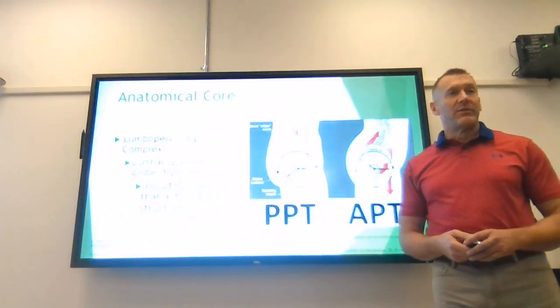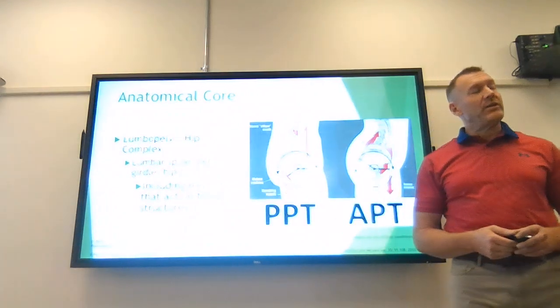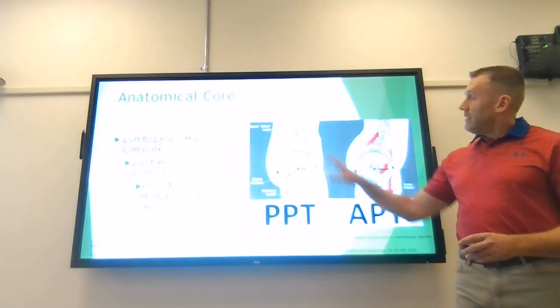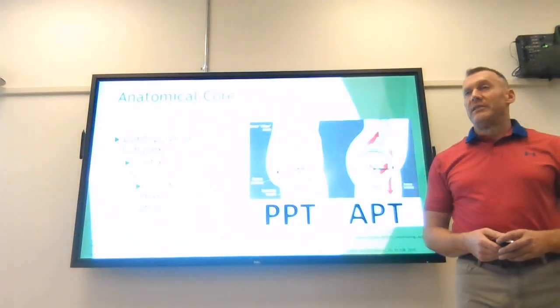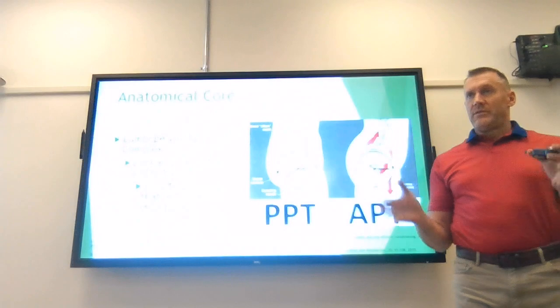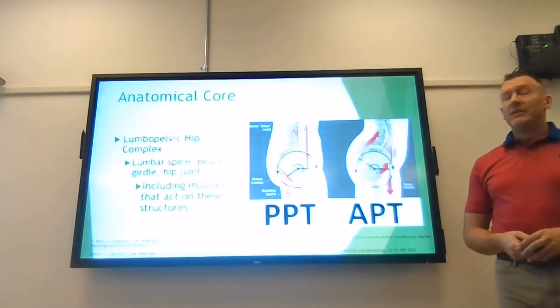on the backside. So the analogy here is the pelvis is like a steering wheel, and so you have these muscles that act as couples that tilt the pelvis backwards. In the same way, we have muscles that act as couples that tilt the pelvis forwards.